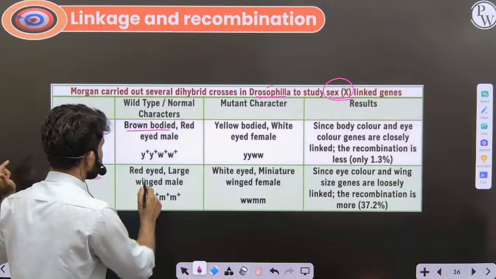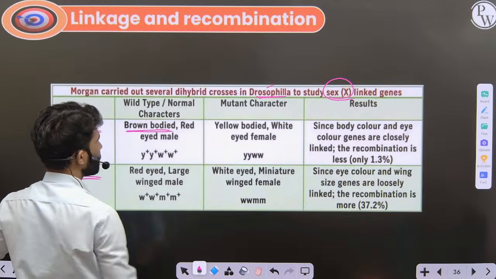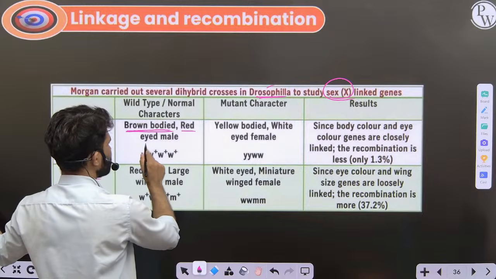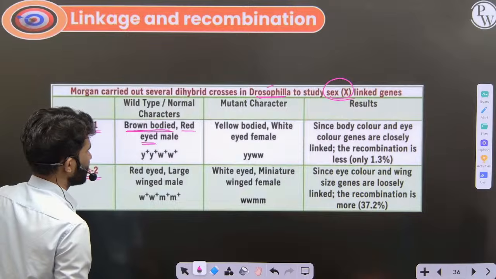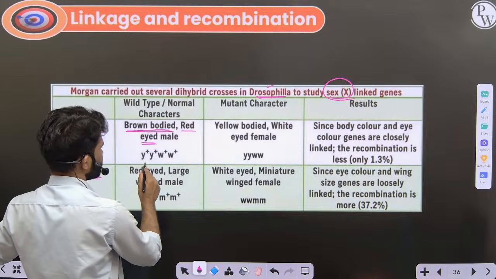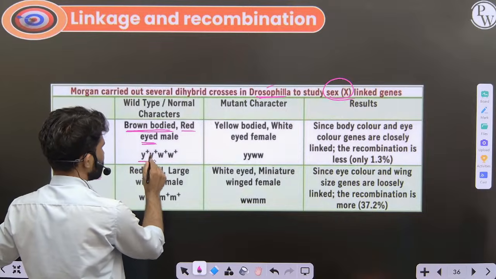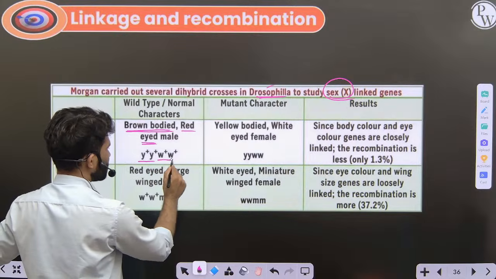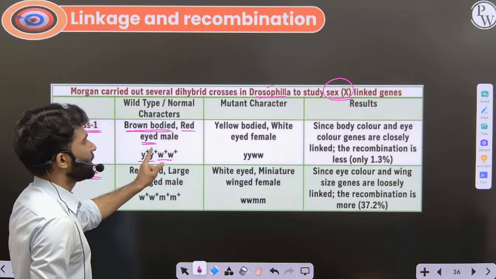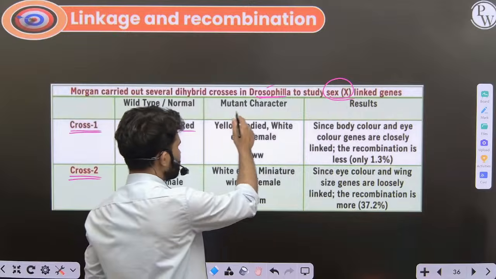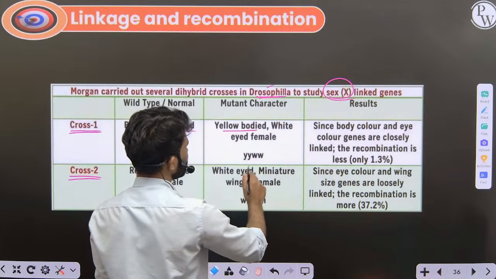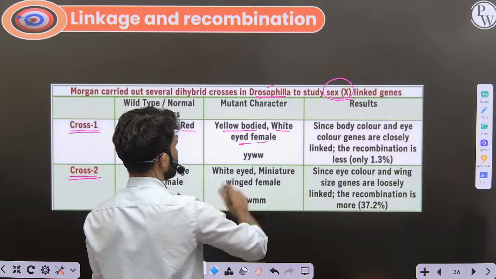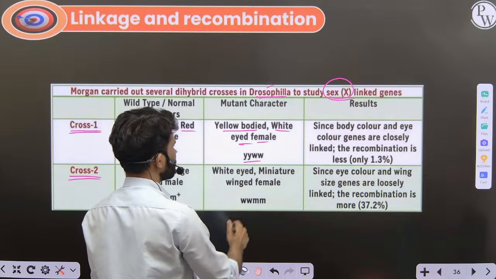Y plus indicates brown body and W plus indicates red eye. The mutant, recessive character is a yellow-bodied, white-eyed female, written as small y small w.